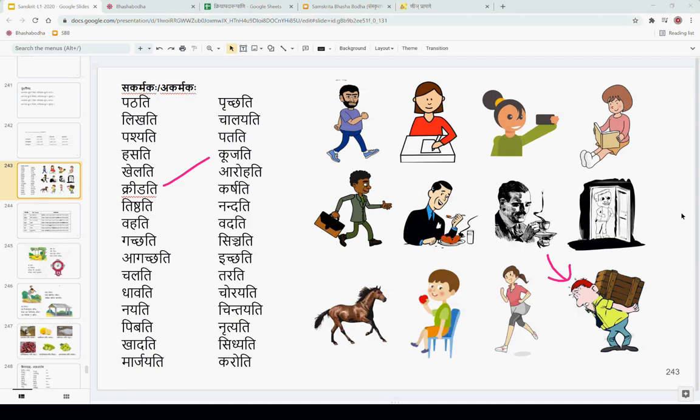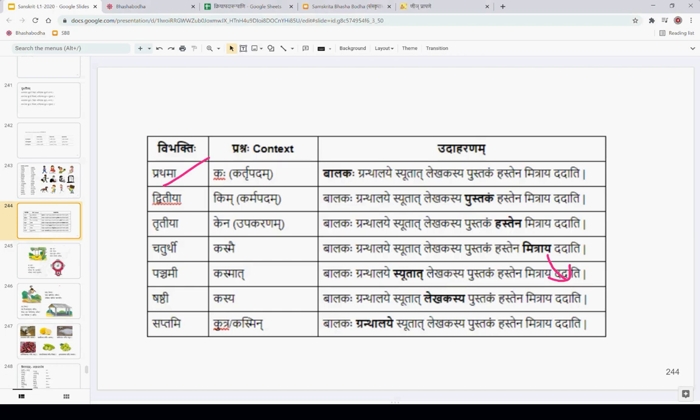The with what he is playing comes in the tritiya vibhakti, the third vibhakti. You can see that next week, but already here, hastena. If it is kanduka, it becomes kandukena. Balakaha kandukena kridati.